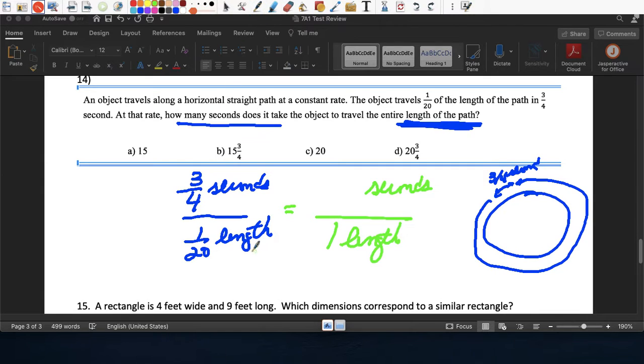Now, what's the reciprocal of 1/20? 20 over 1, right? That's going to give us the 1. 1/20th times 20 over 1 is 1. And on top, I multiply by 20 over 1, and 3/4 times 20 is going to be 15. So how long will it take for this thing to go around one full lap? 15 seconds.